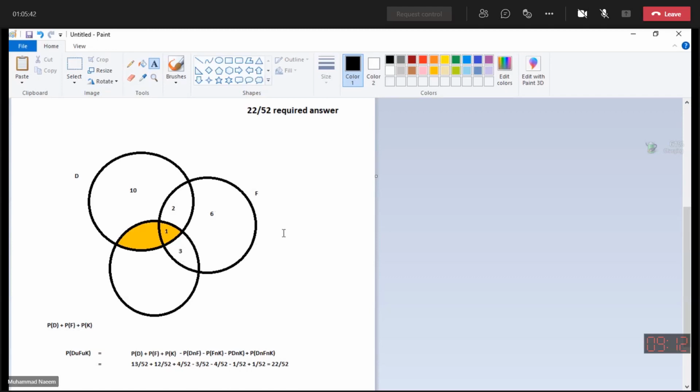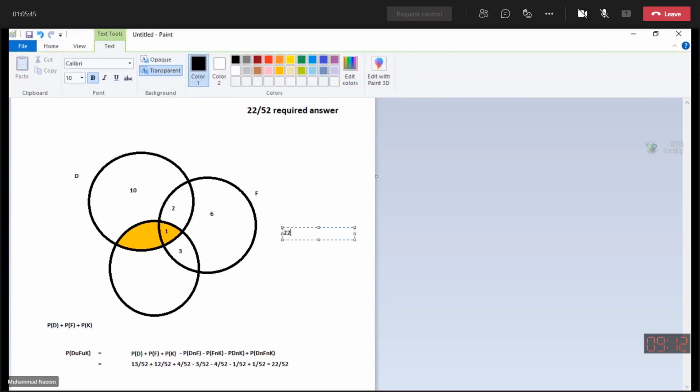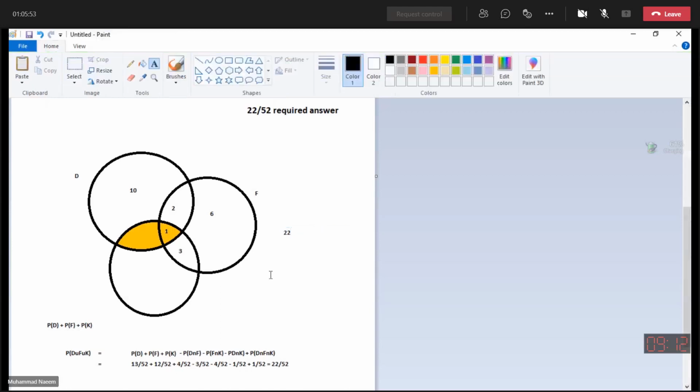Again we have 22 elements in this union, because here again we are avoiding the overlapping. No element is considered twice, just once we have considered.